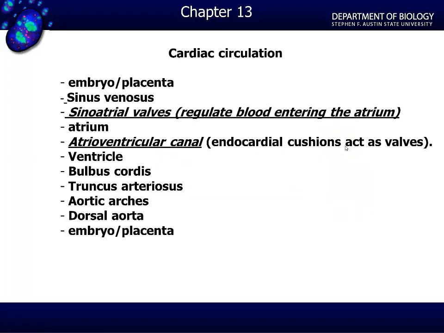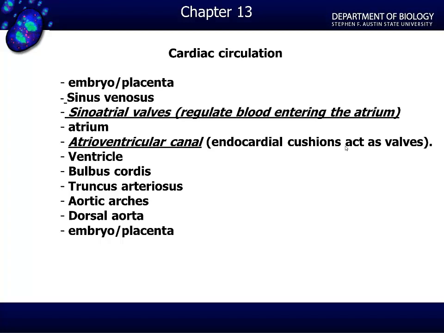So once we put this together, if we had to trace blood from the placenta through the heart back to the placenta, what we would see is we have the embryo and placenta exchanging materials. We're going to have our umbilical vein, and we don't have that written in there, but the umbilical vein coming to the sinus venosus. We have our sinoatrial valves, and we'll talk about those a little bit more.